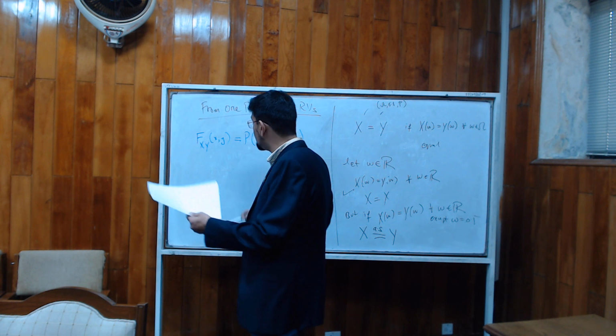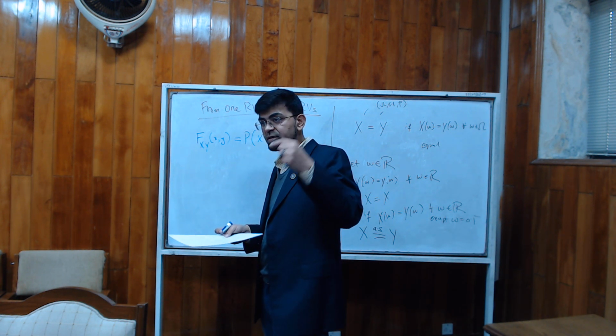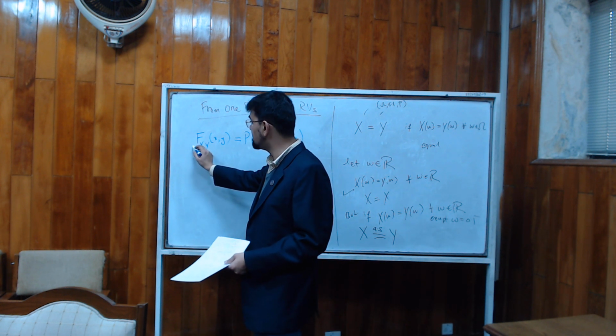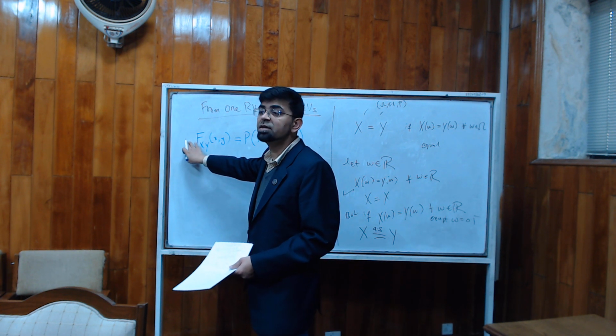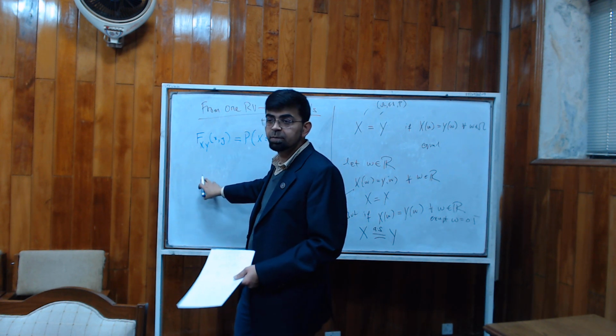Of course, now we try to go to the bivariate mass function, discrete case. So this is the bivariate cumulative distribution. Then we go to the bivariate mass function.